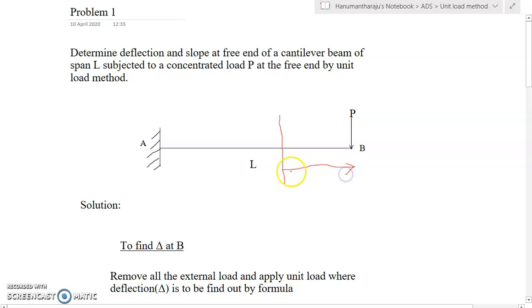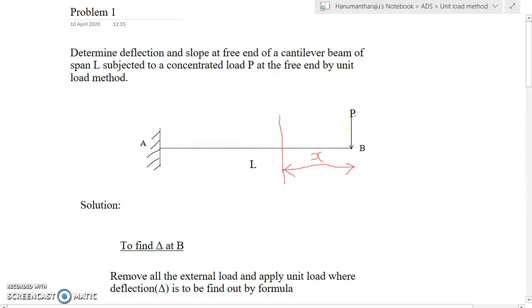B is the origin. From B, you need to take distance x to that section. Now, in this section, there is a left portion and right portion. Let us take the right portion into account.